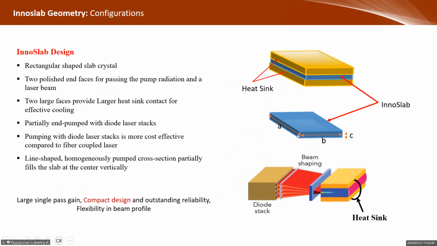Rather, we fill it partially at the middle of this side, so that's why it is called partially end pumped. It is pumped by a stack of laser diodes, which has been shaped with different systems to match the geometry of the slab crystal.